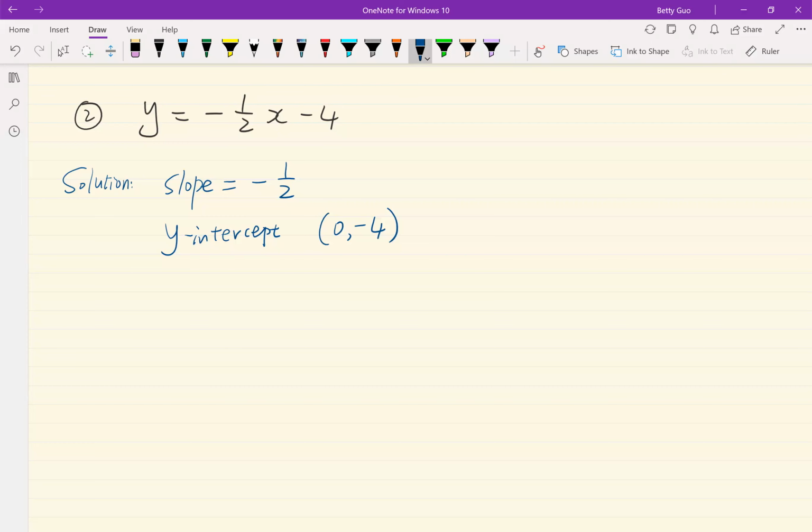What do you do first? What's the first step? Plot y-intercept, right? Yeah, please do that first.